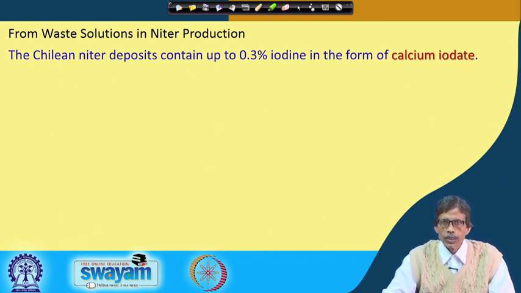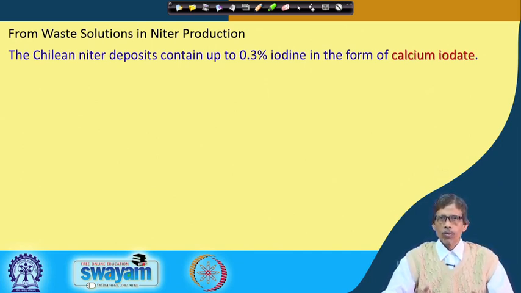Sometimes we report it as the naturally occurring material available to us in terms of a certain percentage of iodine, but that is not the free iodine. The way we consume our table salt, which is known as iodized salt, we should always know that it is not free iodine that is present over there.